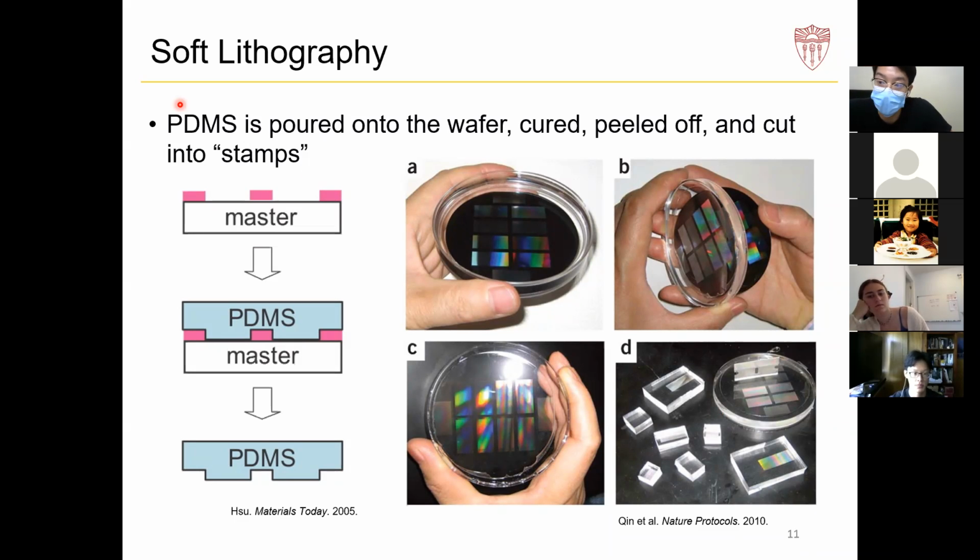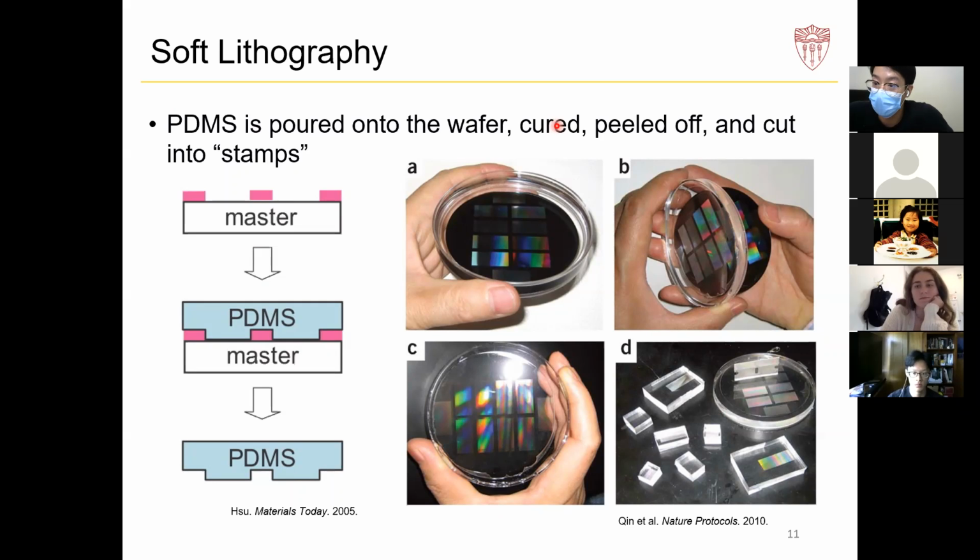PDMS though, it hardens when you put it in an oven at high temperature. Making use of that property, first we make this honey-like PDMS mixture, and then we pour it onto the wafer that we made from photolithography. Then we're going to cure it. Curing PDMS literally means baking it, sticking the PDMS into an oven at high temperature, usually at least 65 degrees Celsius.